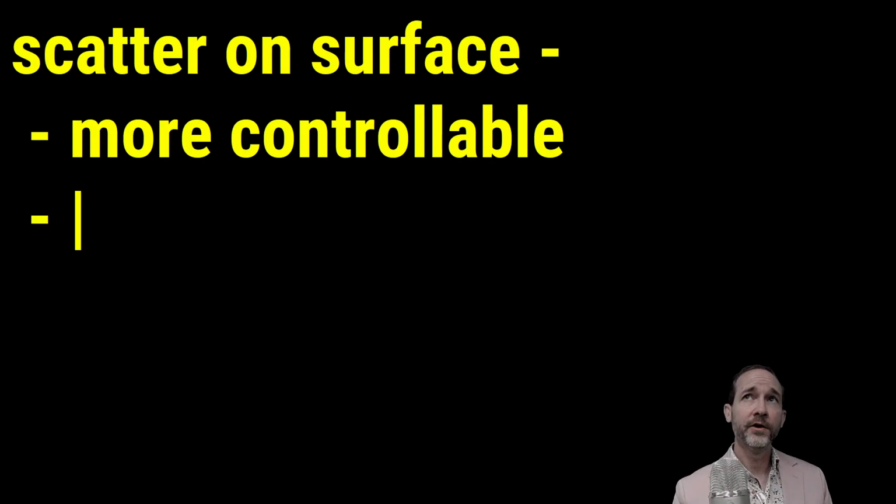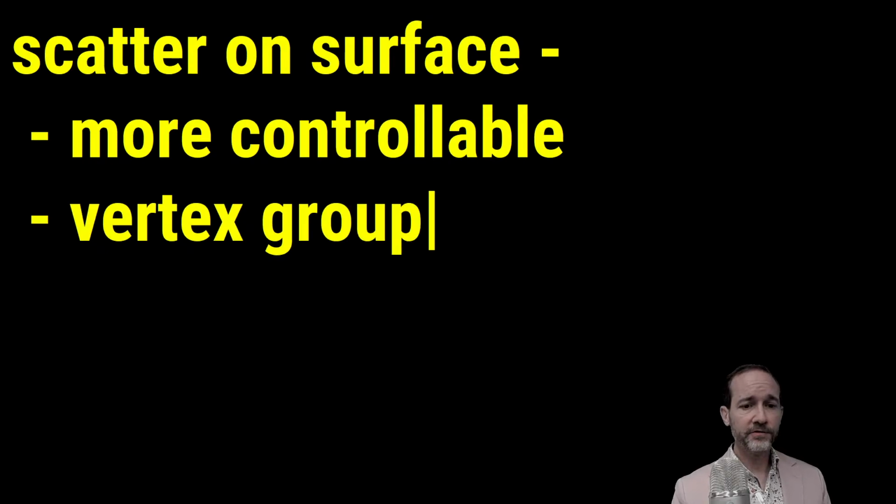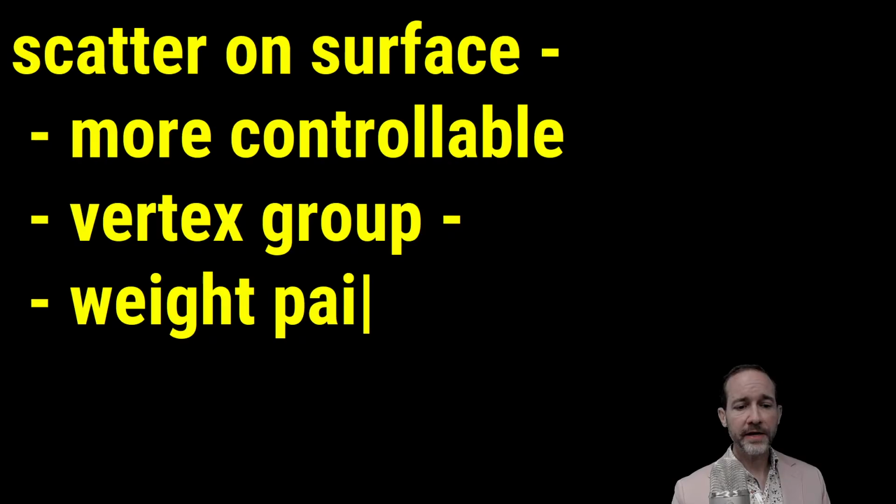We can do this two ways, and they both speak to two concepts we need to understand. The first one is a vertex group. This is just exactly what it says, a way to save a selection of either vertices, faces, or edges to some group of things. The second thing here is weight painting.